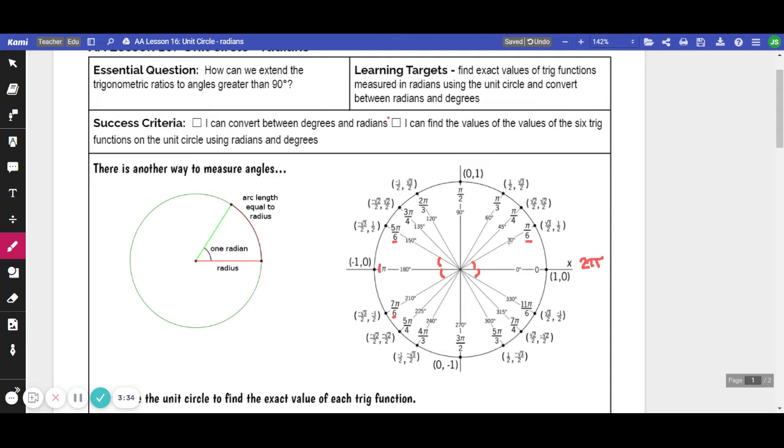So all of these ones over 6, 30 degrees, 150, 210, 330, those all make 30-degree reference angles. So when you're going back to your 30, 60, 90, or 45, 45, you'll know it's a 30. If the bottom is a 4, that's a 45 reference angle. So all the 4s are in the middle. Those are all 45-degree reference angles.